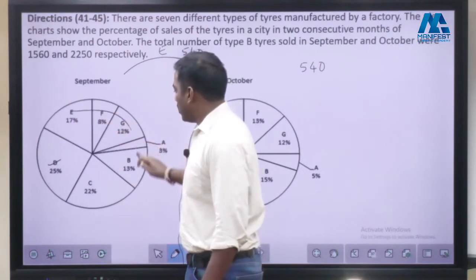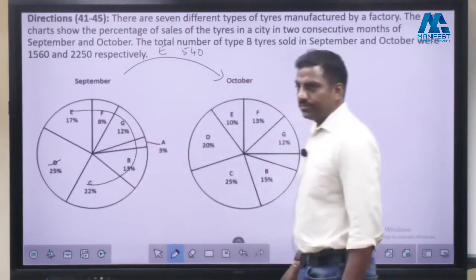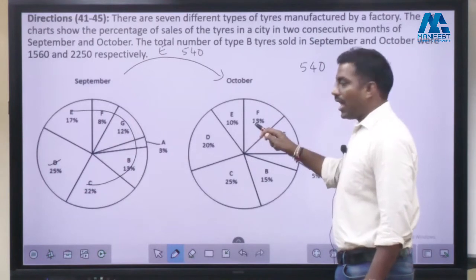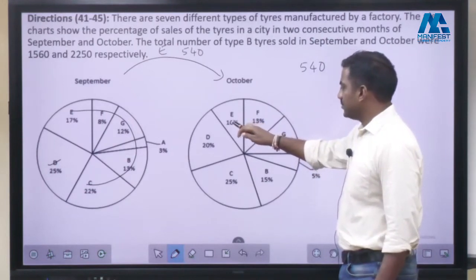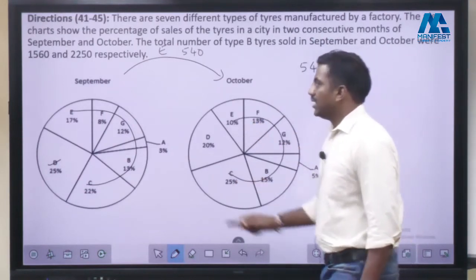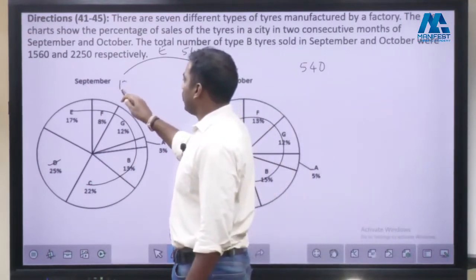the production of all these and the production of all these, if you compare, let's say here we had produced 12,000.